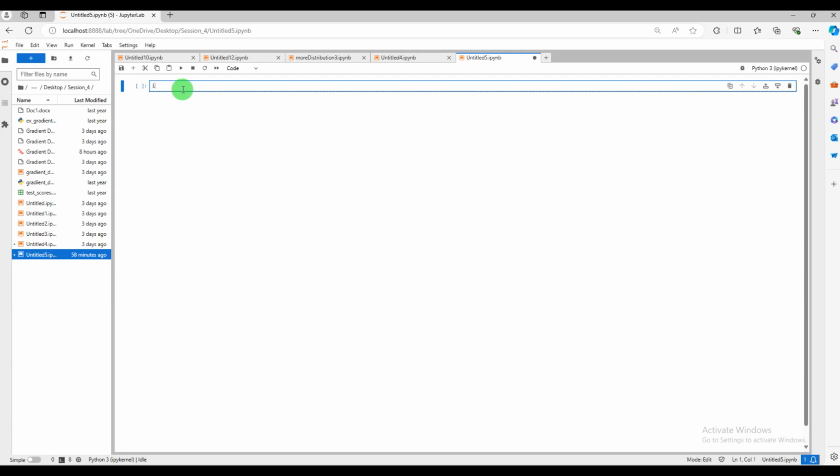Import numpy as np, enter, import matplotlib.pyplot as plt. The pyplot module from Matplotlib is used for plotting and visualization of our data.